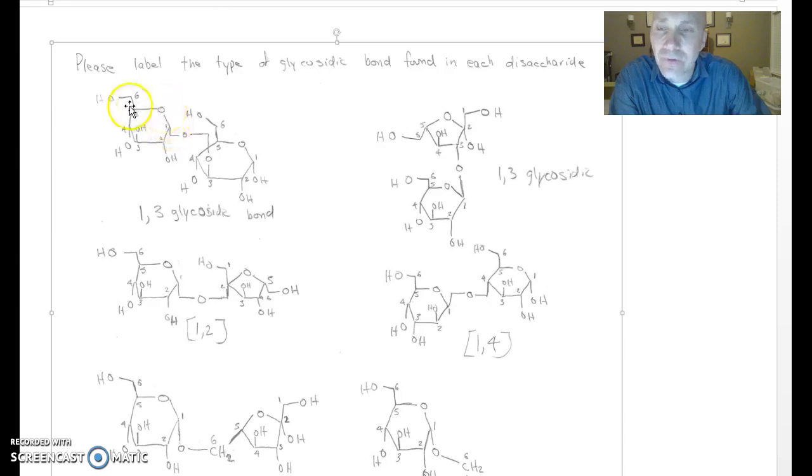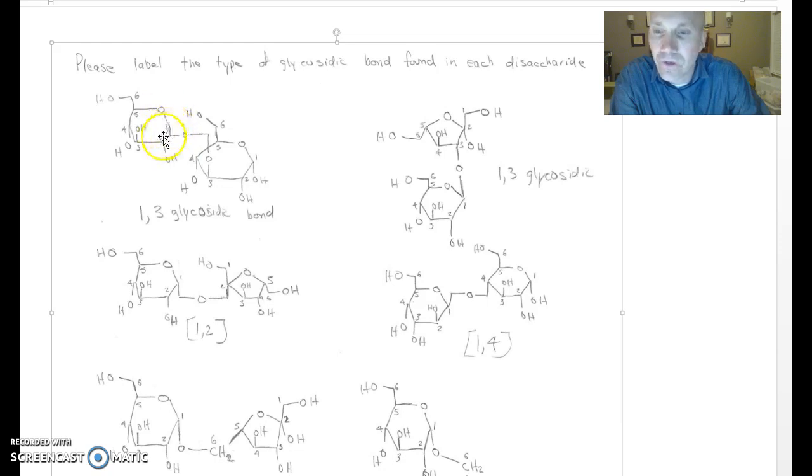If I go this way and look at this carbon, there's not a hydroxyl directly connected to that. But if I go this way, there is a hydroxyl directly connected to that carbon. It's this one right here. Even though it's got this little bend here, remember that's not an actual carbon right there. So this is going to be the side that you start the number 1 carbon with.